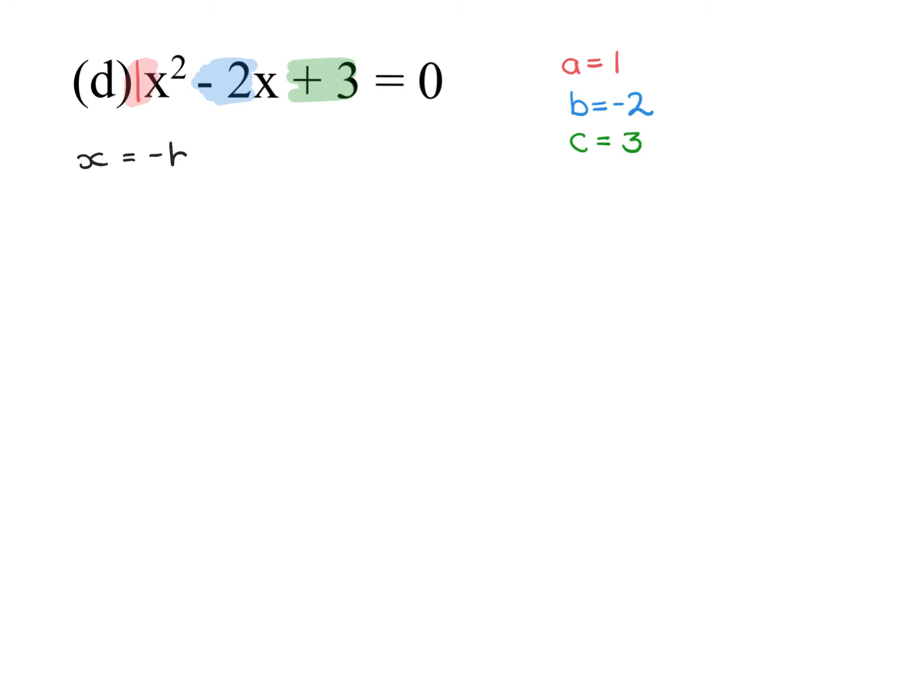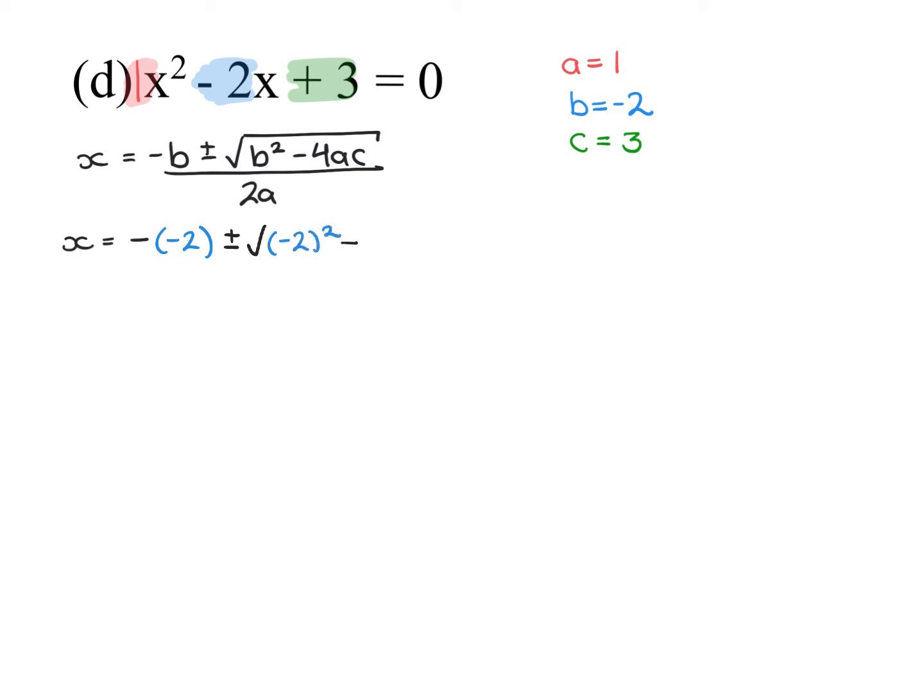Next, let's write the quadratic formula. And now let's substitute. So we write negative, and B in brackets is negative 2, plus minus square root, negative 2 squared minus 4 times bracket 1 times bracket 3, and close the square root over 2 times 1.